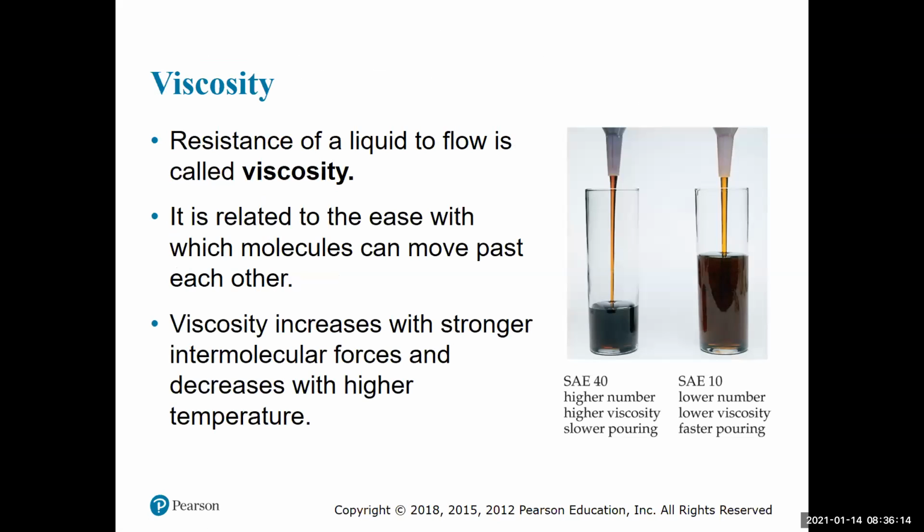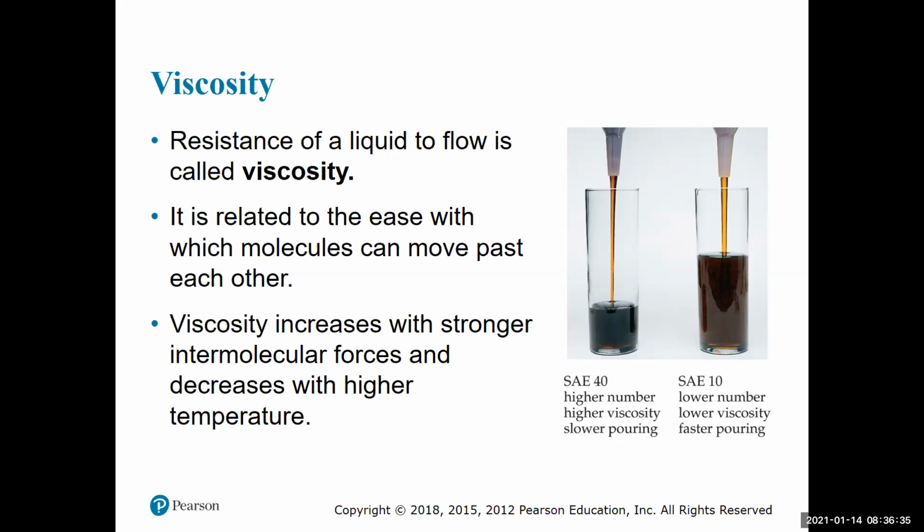The example we have here on the slide is two types of motor oil. If you ever see motor oil, they always have this SAE number, 40, 10. That's just a way of telling you the viscosity of the oil. The lower the number, the lower the viscosity.